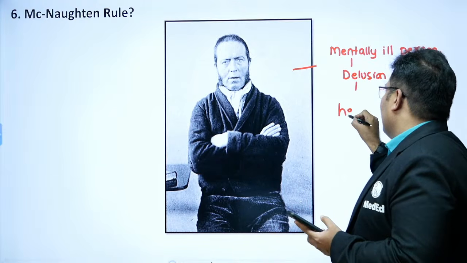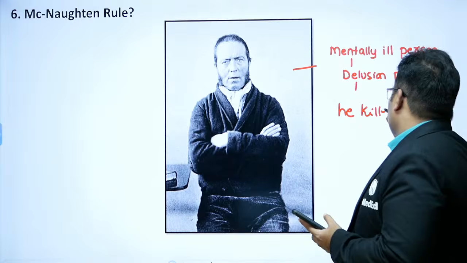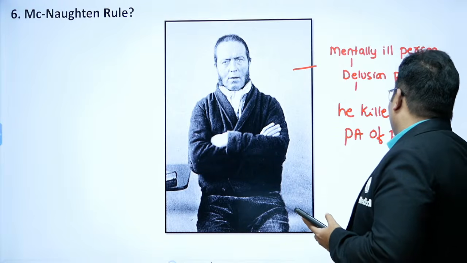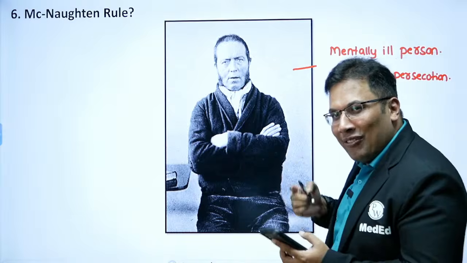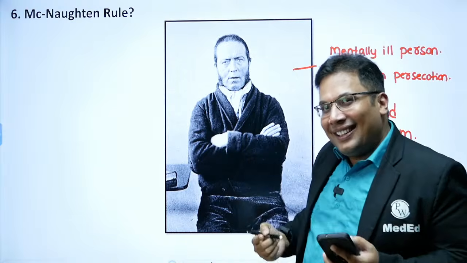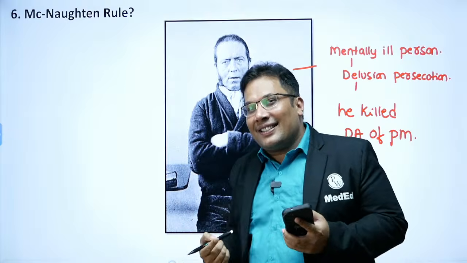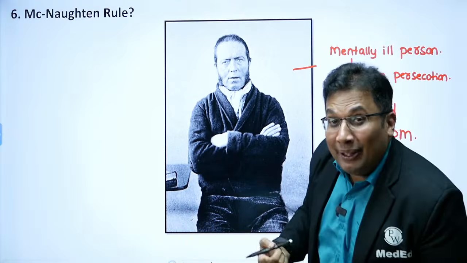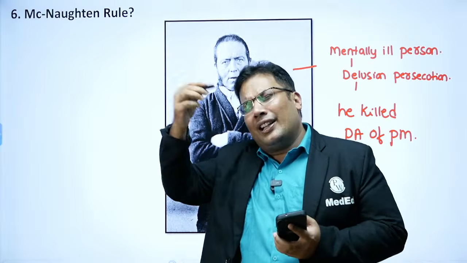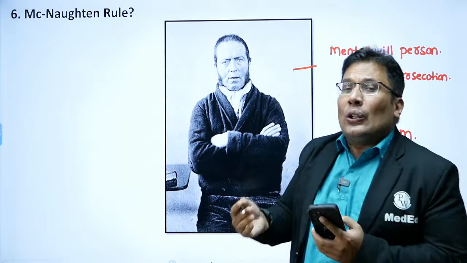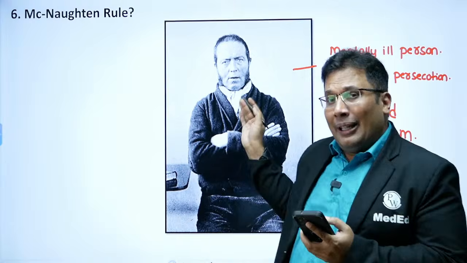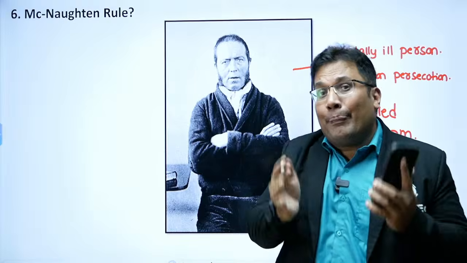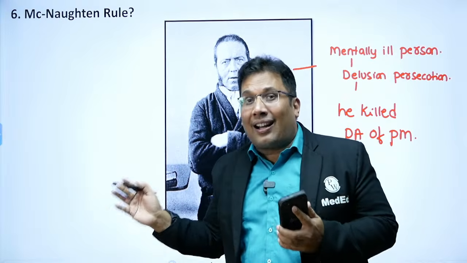He killed the PA of the Prime Minister of England long back, around the 1840s, I think. Later they came to know that he was suffering from mental illness, and all this happened because of his mental illness, not because of McNaughton's own criminal intent.